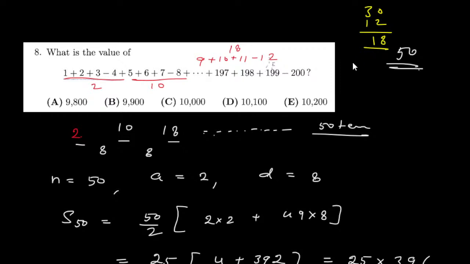And how many terms do we have like this? For the first 4 group I can consider 1. So like that, a total of 200 numbers are there. So for 200 numbers we can consider 50 groups. So n is 50, that is okay, fine.